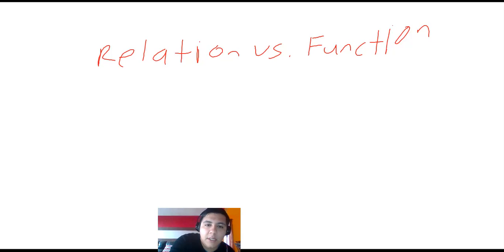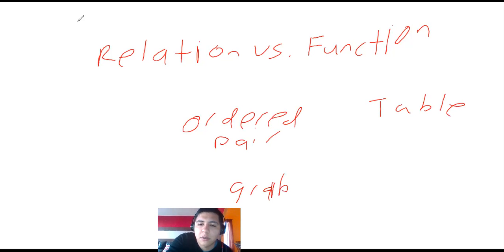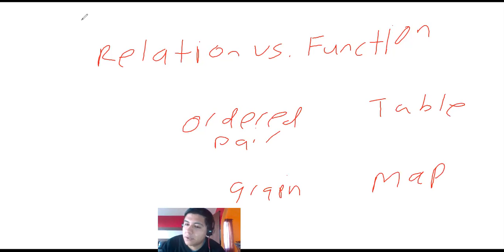So we can see it as an ordered pair, a table, a graph, or a map. And we'll talk about all the different ones there in a little bit.